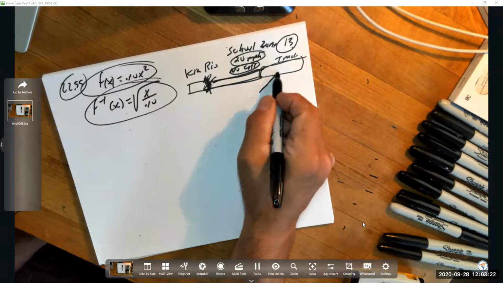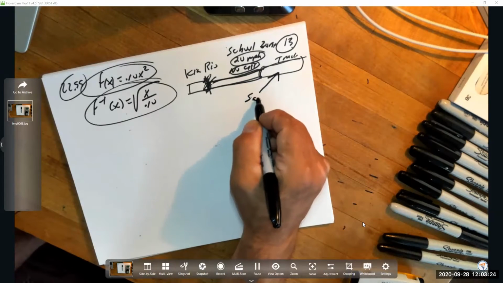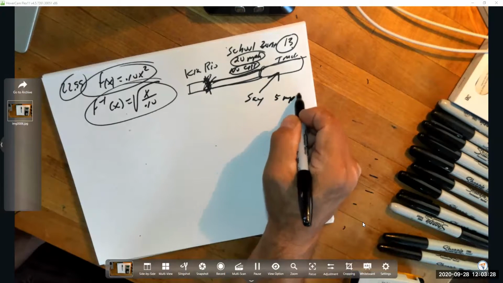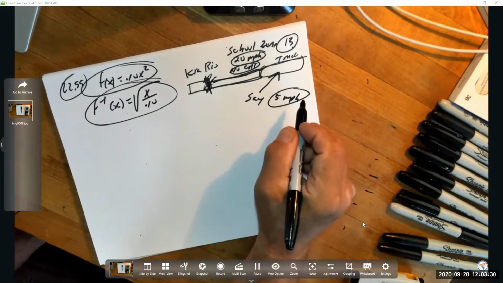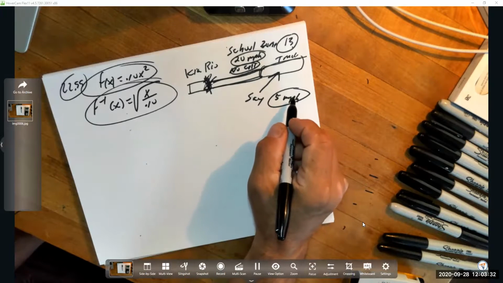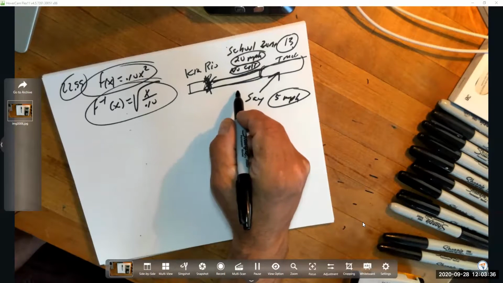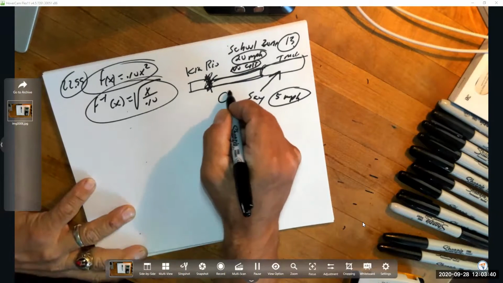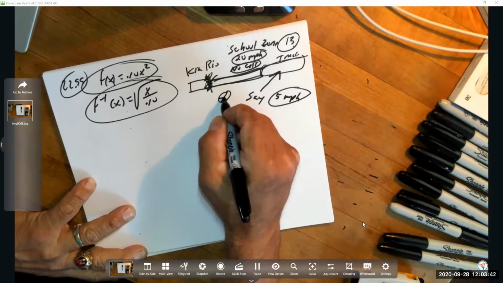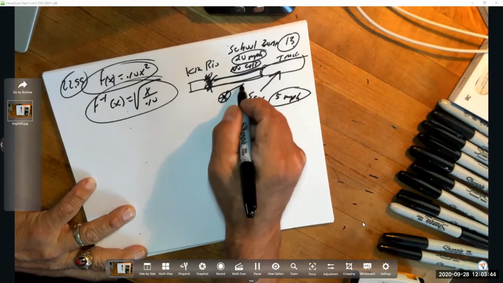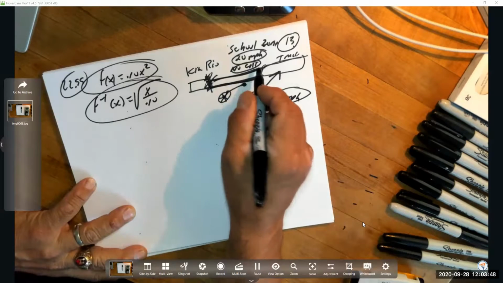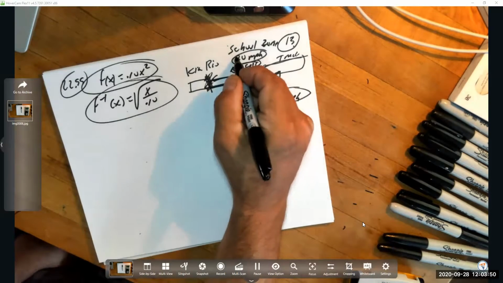So this person's gonna say, "Hey, I was only going like 5 miles per hour when I hit your car, man. I was going really, really slow when I hit you." So you know what's gonna happen. Police are gonna go out there, check it out, put the little wheel on this thing, measure it out, and it's a 20 mile per hour zone.